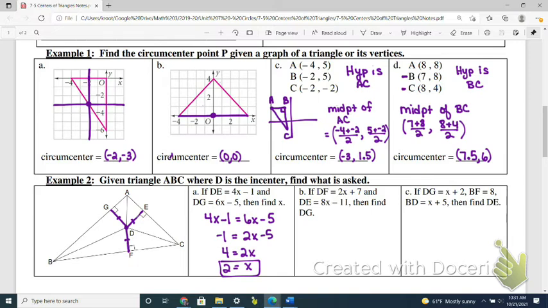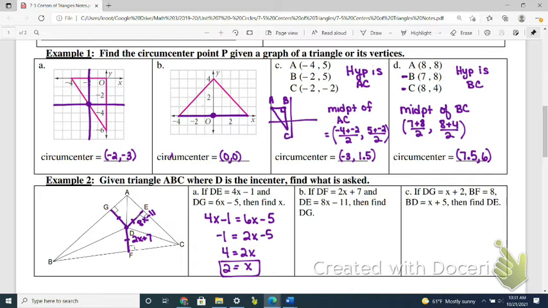B, if DF is 2x plus 7, so this is 2x plus 7, and DE is 8x minus 11, find DG. Well, I know they are all equal, so if I find either DE or DF, I have found DG.